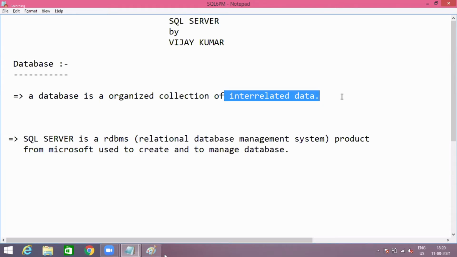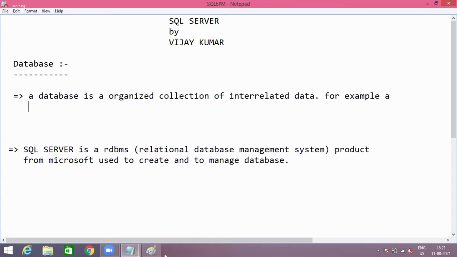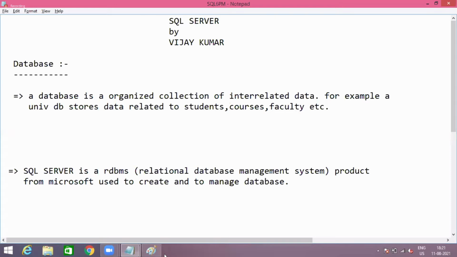A bank database doesn't store data related to university students, and a university database doesn't store data related to bank customers. That is what interrelated means. So this is what a database is.